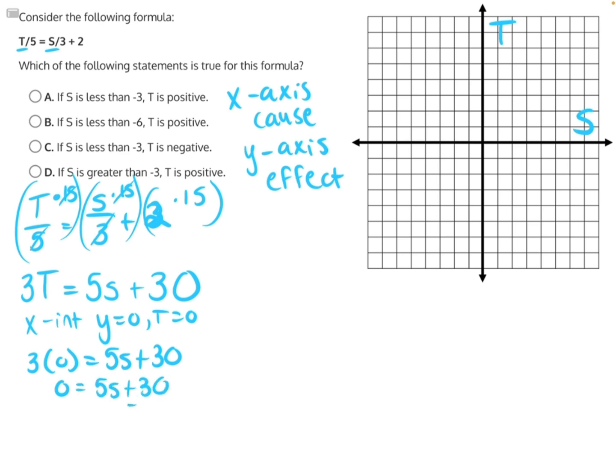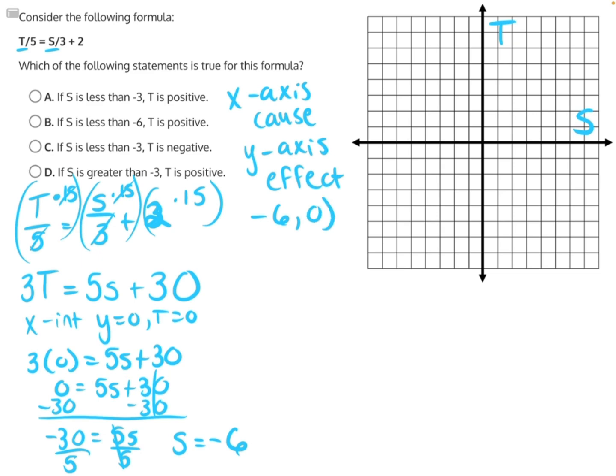Opposite operations, let's move 30 to the other side with subtraction. This will cancel, leaving us with negative 30 equals 5s. Then finally, 5 is being multiplied to s, so the opposite is to divide both sides by 5.